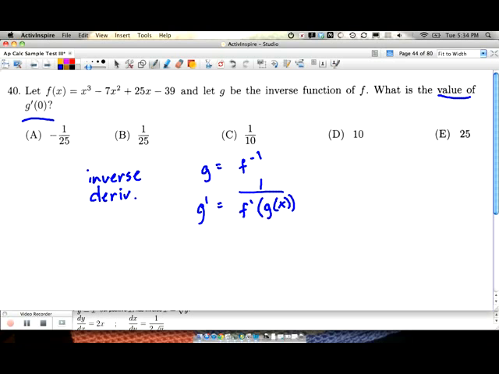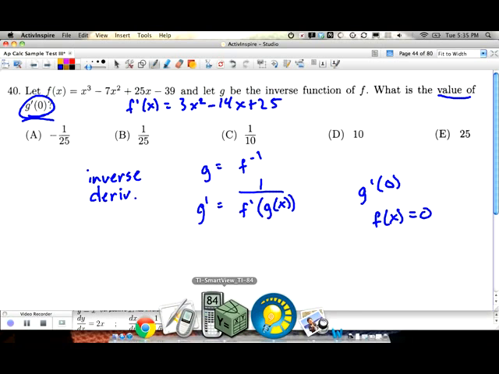Well, let's see what we can figure out from this. We can figure out f prime of x. That's not too bad. F prime of x is going to be 3x squared minus 14x plus 25. But g is the inverse. When you're asking about g of 0, that means when does f of x equal 0?